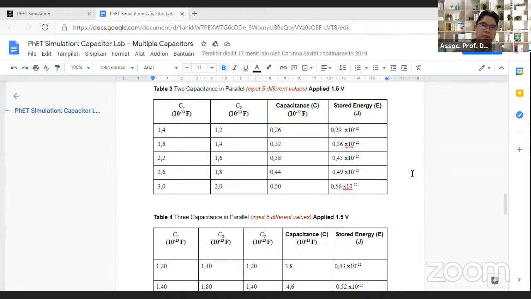So it's difficult to see the patterns of total capacitance. If you use the same 10 to the power of minus 13, I think you will see the patterns of total capacitance more easily.